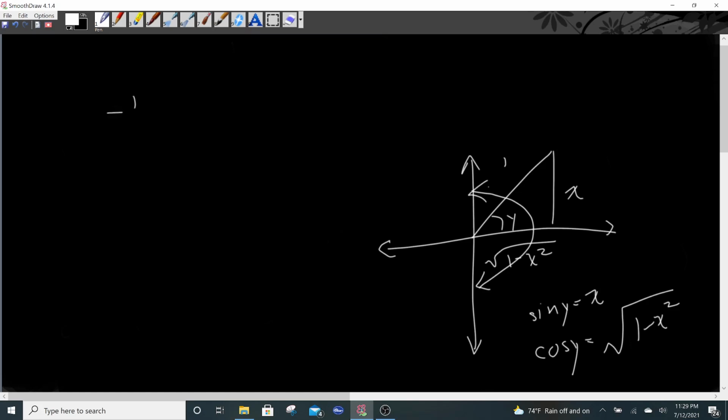And since minus pi over 2 is less than or equal to y, which is less than or equal to pi over 2, is our range of values, or range or domain? I'm just going to say range because range can be anything. This means that cosine y is always going to be positive.